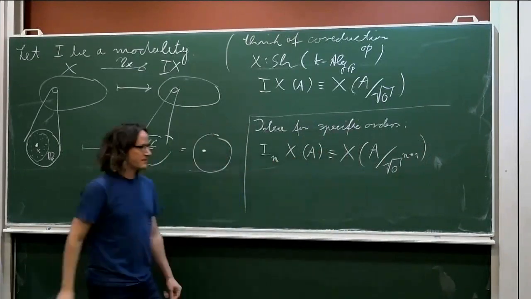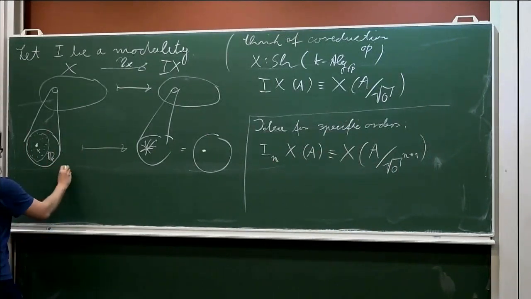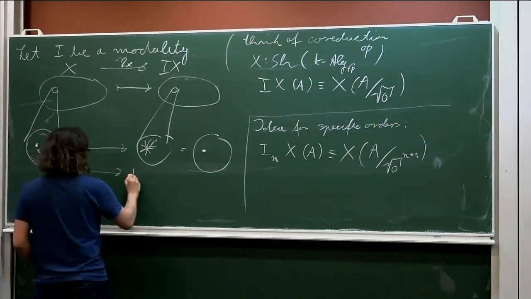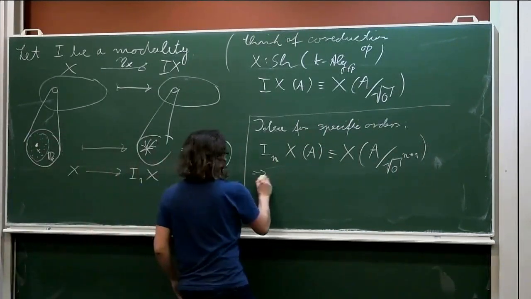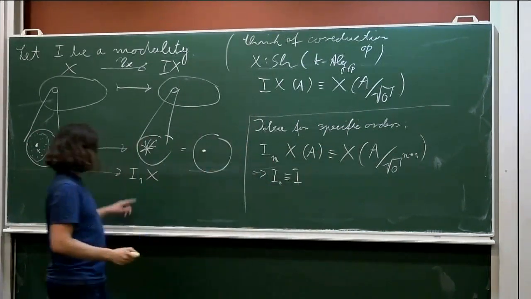You can take the power of an ideal. And what it means, for example, for the case, so let's just look at it in this case. So what follows from this, I_0 will be the old I from above.